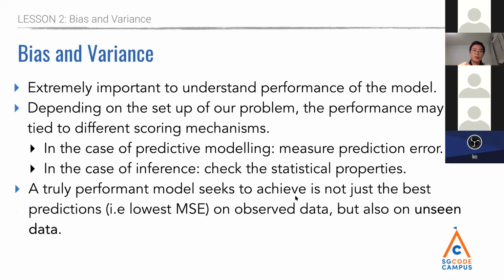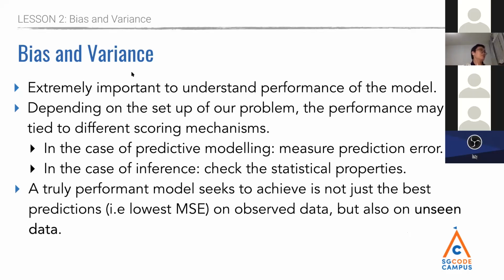Just to inform you that this is a very important concept in machine learning. It's called bias and variance. Just now I said that sometimes we want to do some cross validation when we do a model selection, because if we measure the evaluation metric, say MSE, mean square error, on the training data set that is used to train the model, we will encounter this kind of overfitting problem.